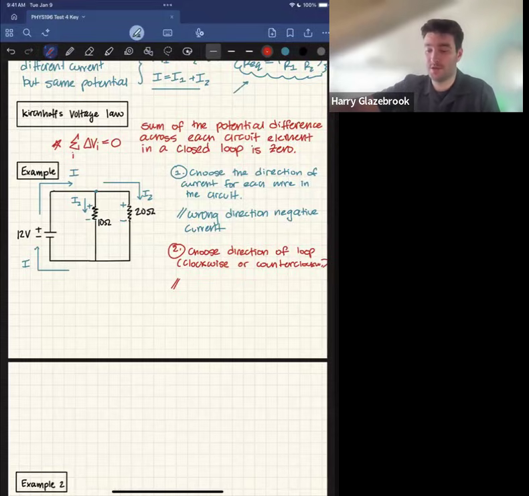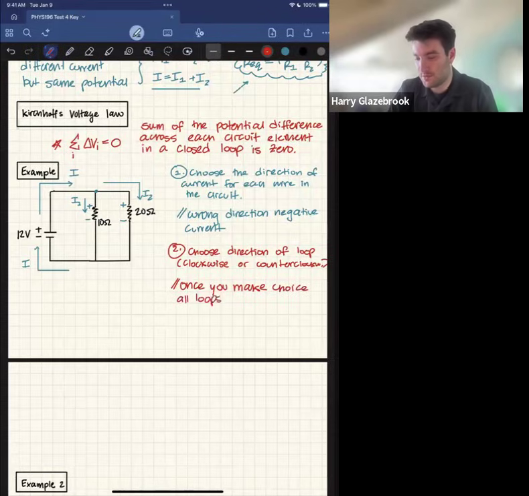You can choose either, it doesn't matter, but once I make that choice, I have to stick with it. A lot of times I'll see students choose different directions for each loop, and then they'll get some crazy answers. So once you make that choice, all loops must be in the same direction.